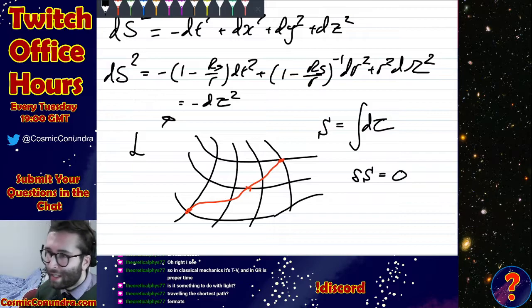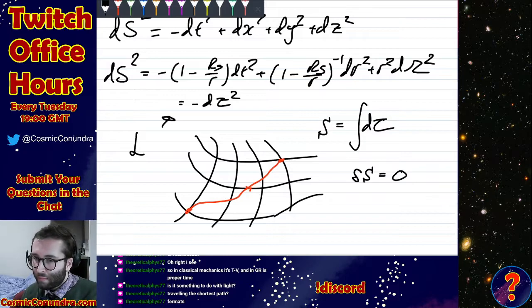So not just matter. If you have light traveling along these geodesics in curved space-time, light will find the path that minimizes, well, you have to be careful because it's not minimizing the time as seen by somebody outside.